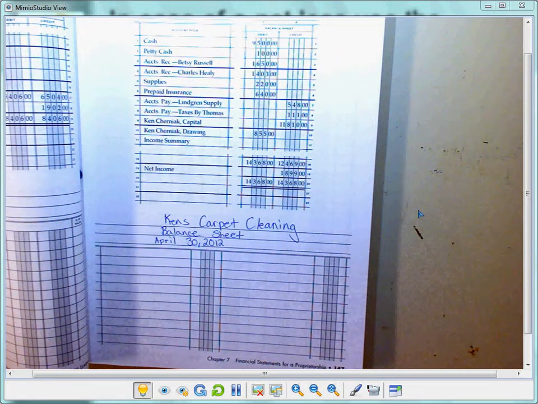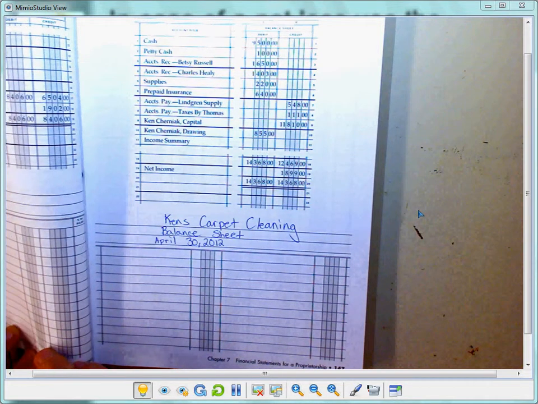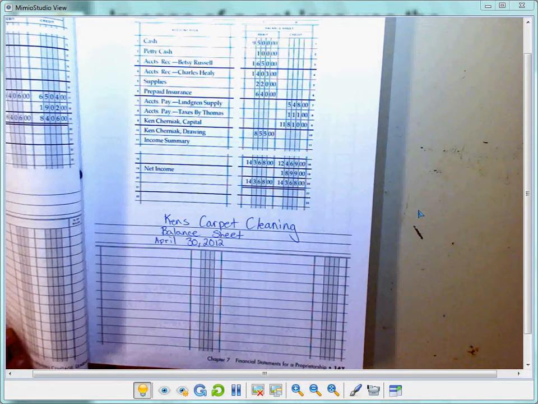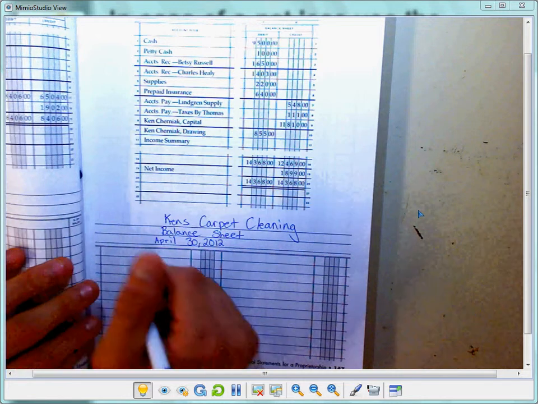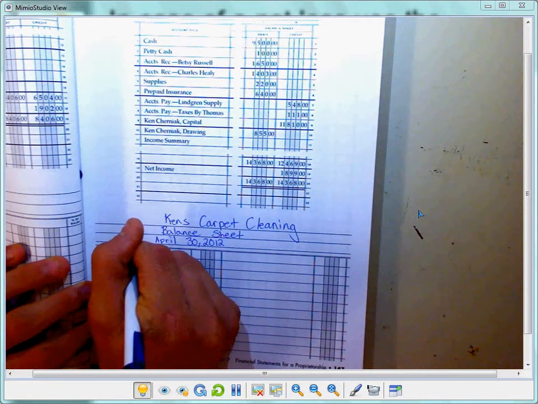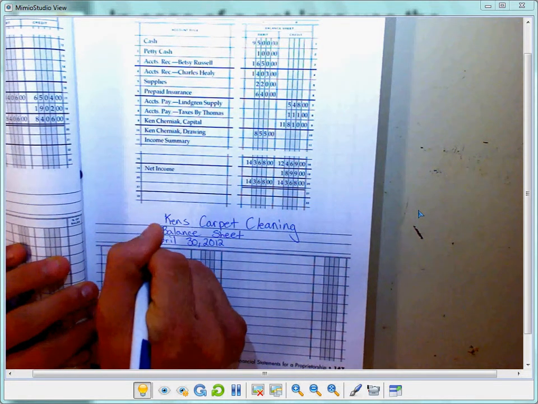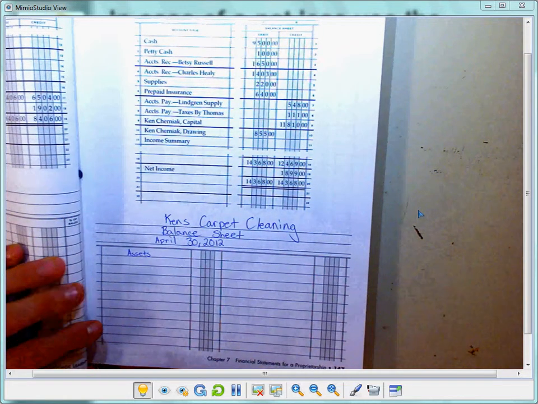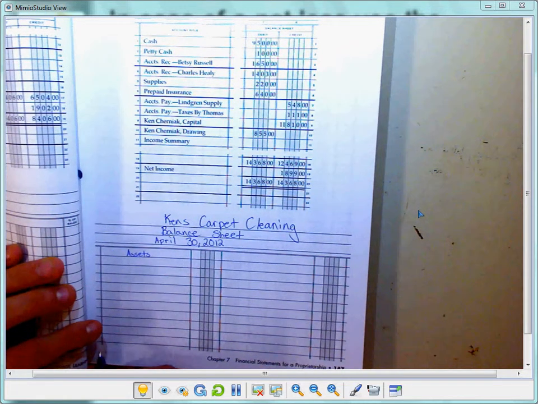Okay, so on the left side, the first column, centered on that top line, write assets. Then we're just going to look from up above and write our assets down in order.